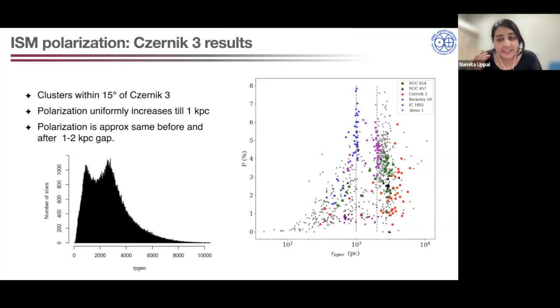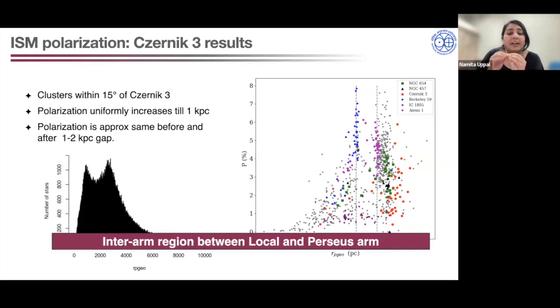So there is less dust content, fewer stars, so inherently less material is present. In that way, we are exactly probing the interarm region between the local arm and the Perseus arm, where there is intrinsically less dust as well as fewer stars. So this gives us the confidence that we can actually trace small scale as well as large scale structure using the polarization.